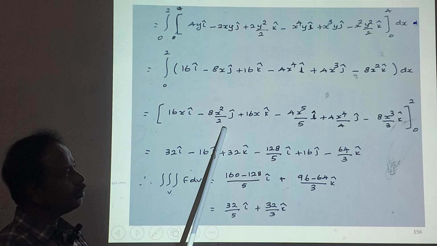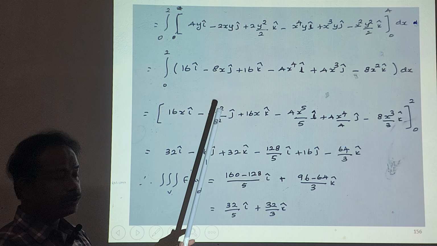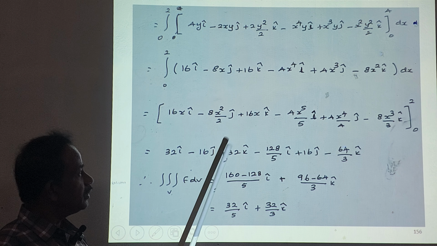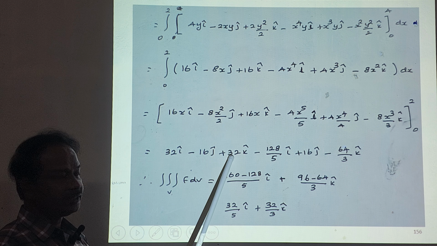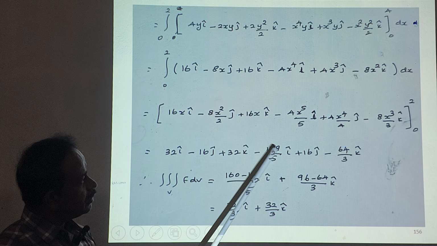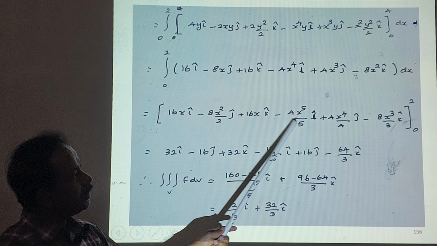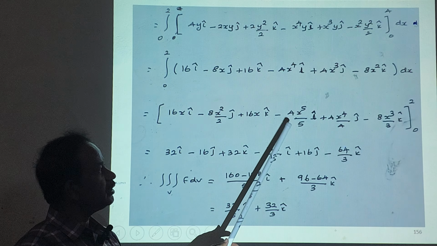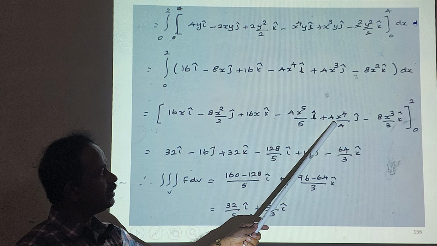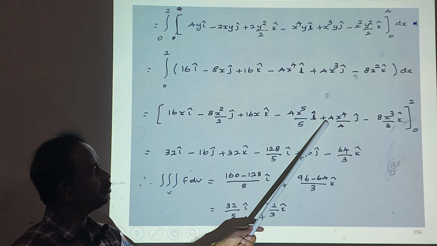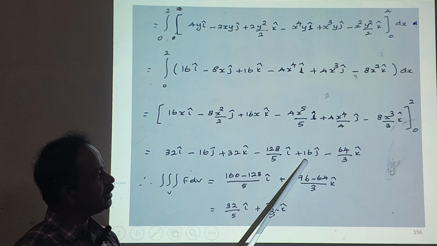Here it is 4, 2 squared is 4, so 4 fours are 16. The next one will be 16 multiplied by 2, that will give you 32. Then here it will be x to the power 5, so 2 to the power 5 multiplied by 4 will give you 128 divided by 5, and here 2 to the power 4 multiplied by 4 will give you 16.